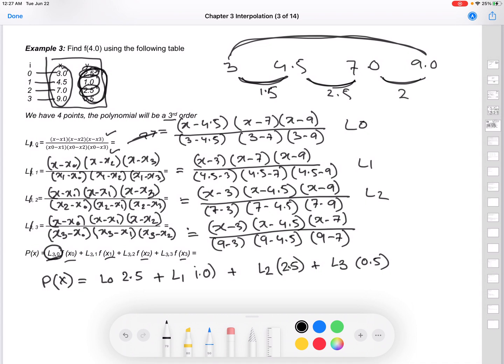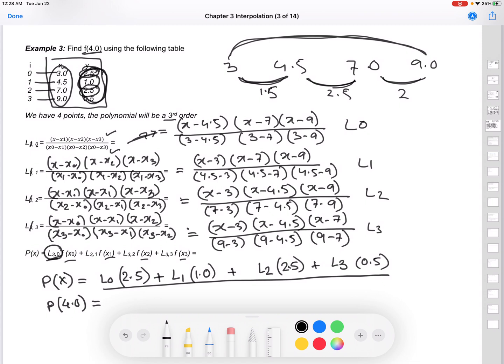So this is your polynomial in terms of x, because L0, L1, L2, L3 right now are in terms of x. Now this is saying find f of 4.0. That means in this polynomial you need to replace x by 4.0. Find the polynomial first and then replace x by 4. That will give you the value of this function at x equal to 4.